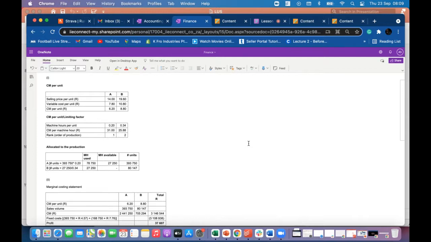Where applicable, direct labor hours were limited to 68,000 hours. Hint, you might need to use linear programming.